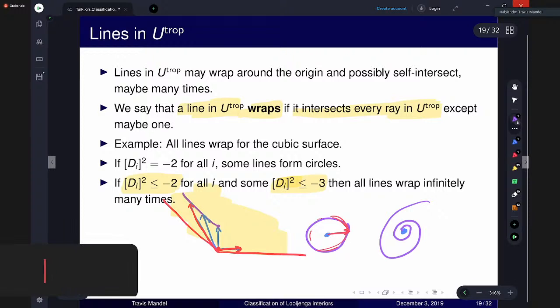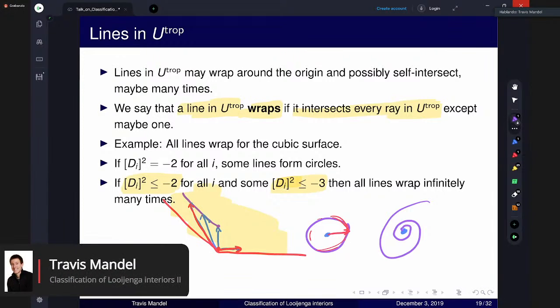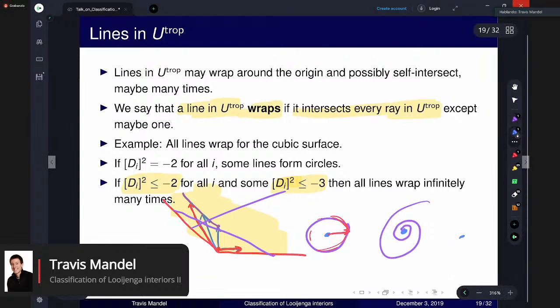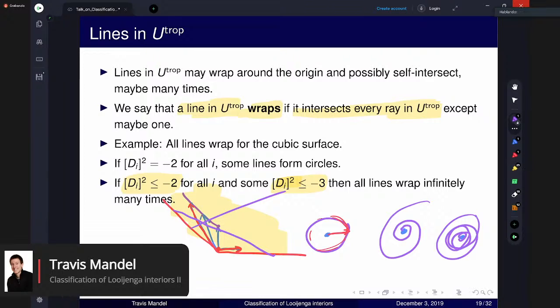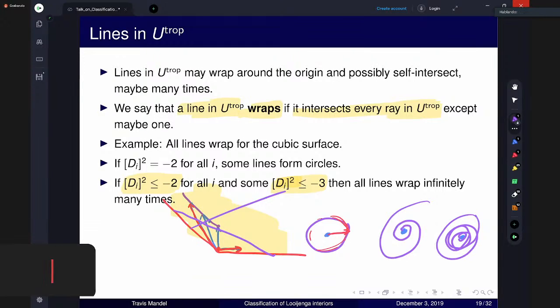And so any straight line is going to have to hit one of these boundary rays of this convex cone. It might do it like this, or maybe it'll hit both rays. So with this first line, it'll spiral into the origin like this, or if it hits both rays, it might spiral twice on both ends, and then self-intersect a whole bunch of times. So in these cases, your straight lines can spiral in on both ends, and you don't get circles. You actually always approach the origin.